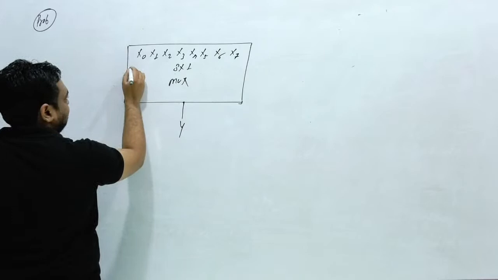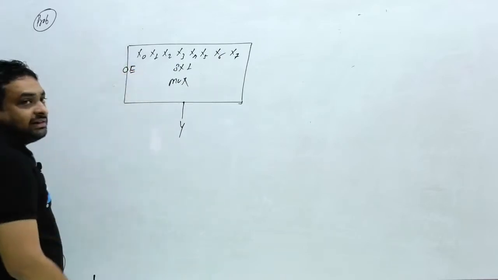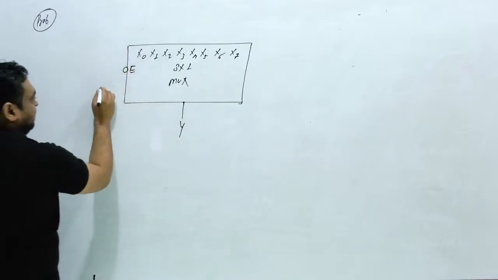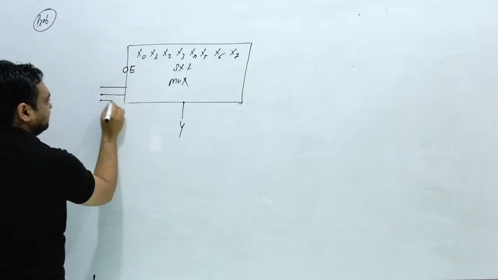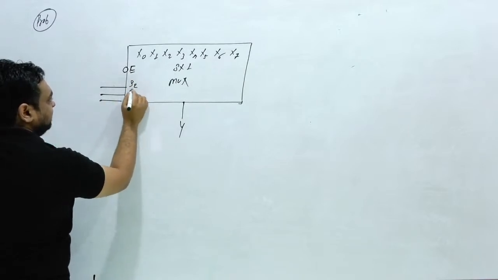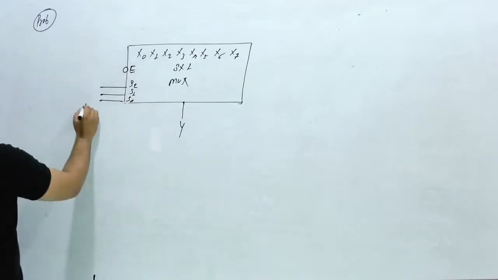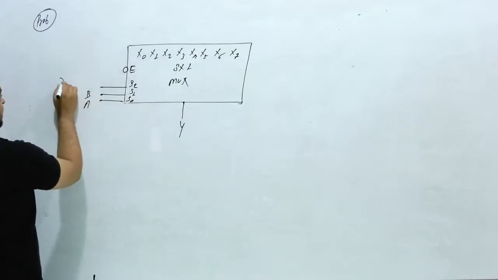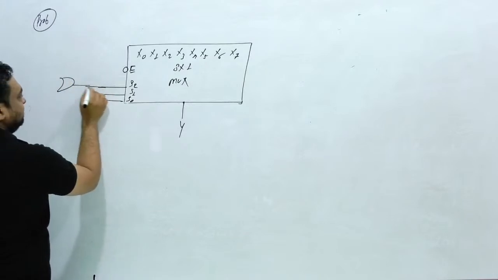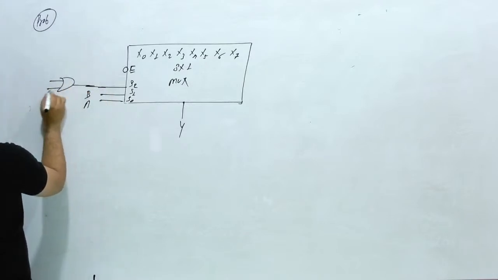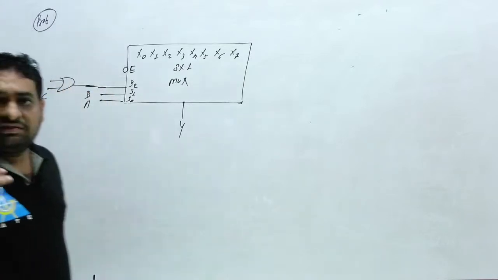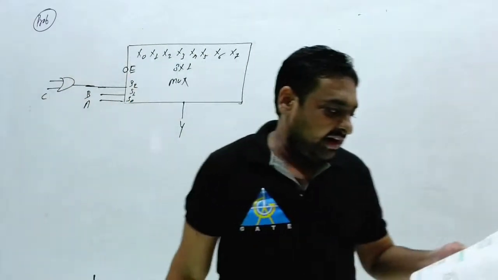Here there is one enable, which is active low enable, and three selection lines S2, S1 and S0. This is A, this is B, and here C. This is passed through the OR gate. This is C, and the second terminal is open.